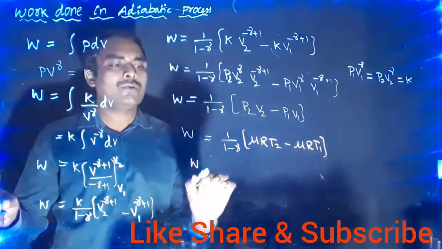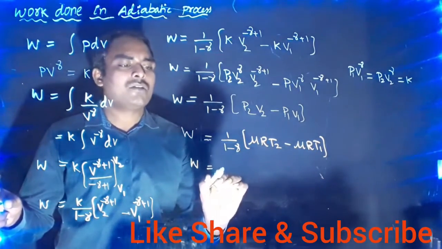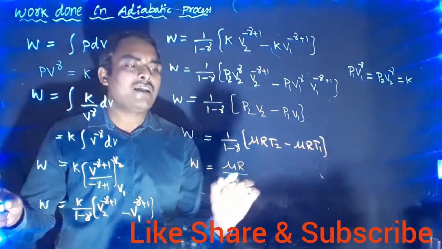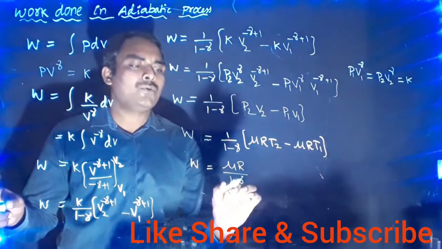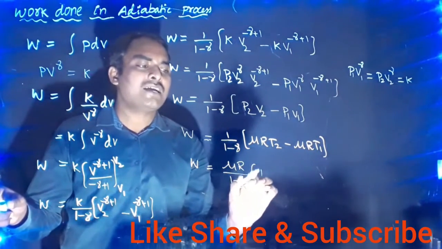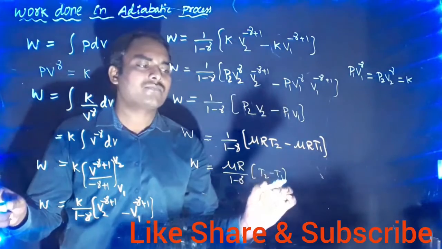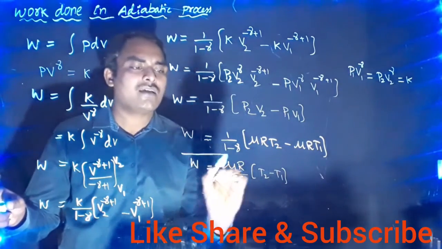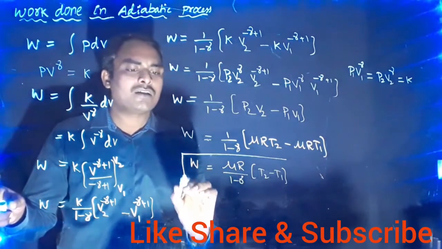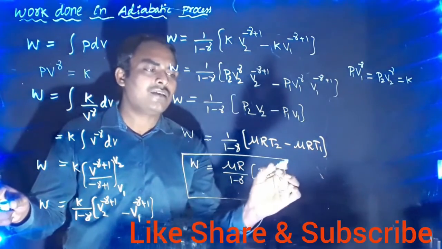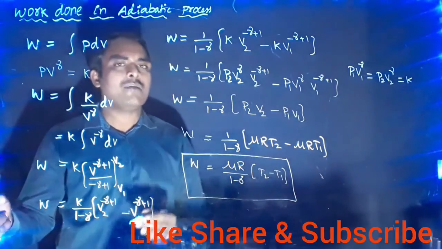So W equal to mu R can be taken common: mu R divided by 1 minus gamma into T2 minus T1. You can remember this as a formula for work done in an adiabatic process.